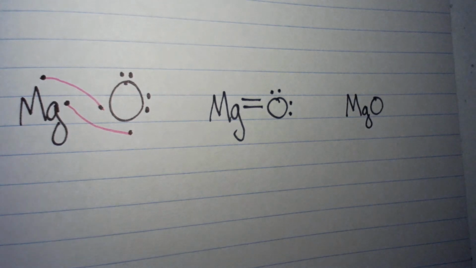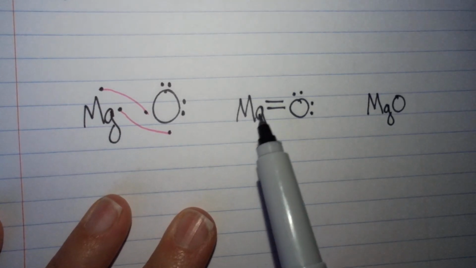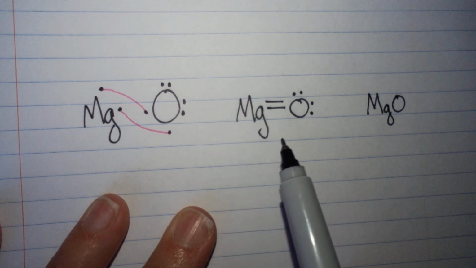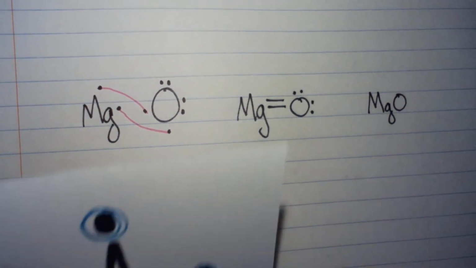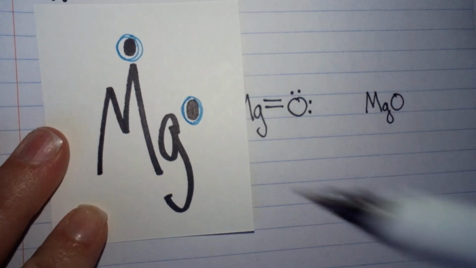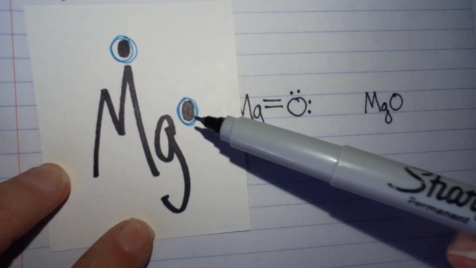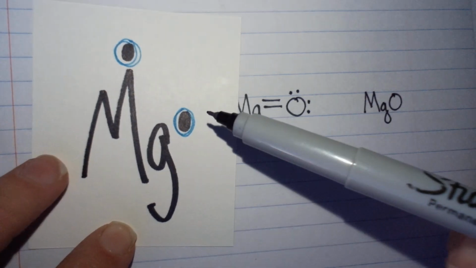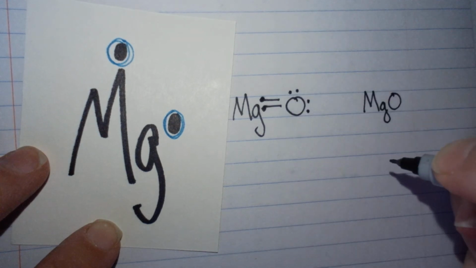Say that louder. I can't hardly hear you. Oh, on this part right here? That's a good question. Riley says, why didn't you write any of the dots around magnesium? When we look at magnesium's Lewis structure here, we don't have any paired electrons on the outside. So these dots of magnesium are actually at the end of the bonds.